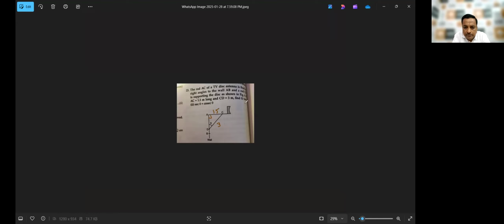So tan theta is equal to opposite upon adjacent. तो adjacent की वैल्यू नहीं है, then we have to use Pythagoras theorem.